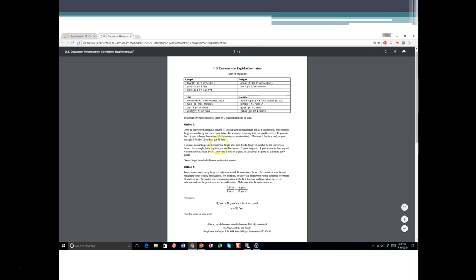And it highlights two methods that could be used for your conversions. And there's a third method that you see used in the book, or in science classes and other places. I'll try to show you all the methods when I do some examples here in a second. But make sure you get that worksheet and go to page 2 for practice problems with answers. So make sure you get both pages of that.